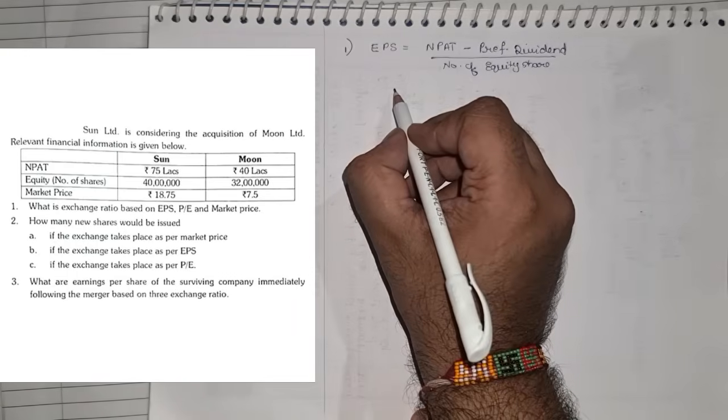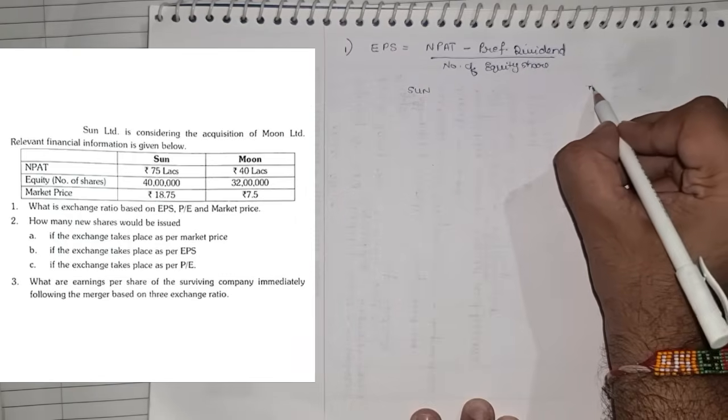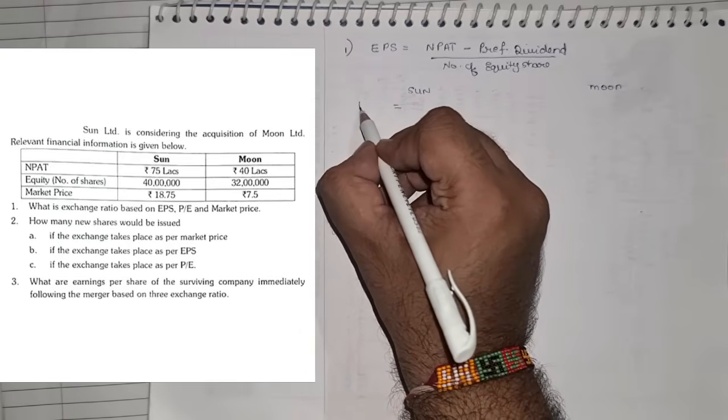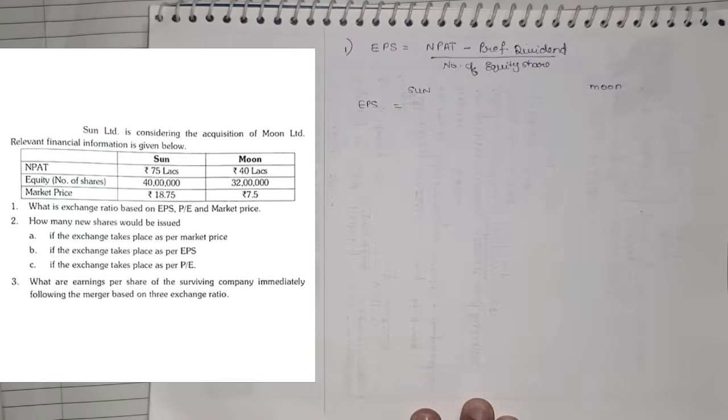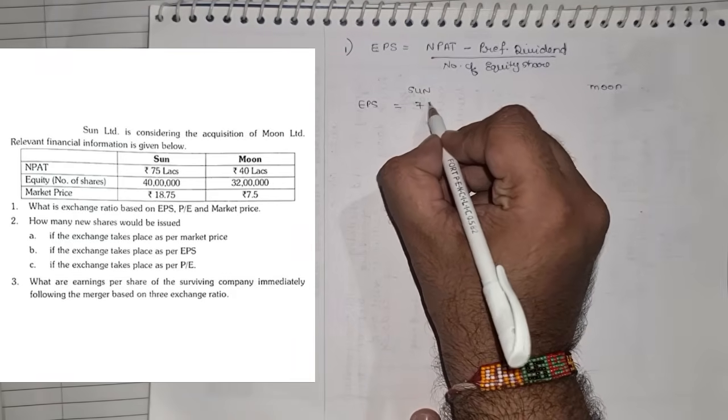So first we're going to find the value of EPS for Sun Limited and for Moon Limited. If you look at the question, the net profit after tax given is 75 lakh for Sun and 40 lakh for Moon.